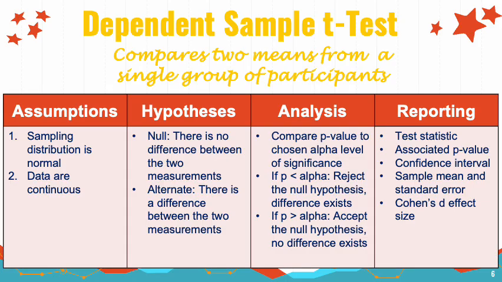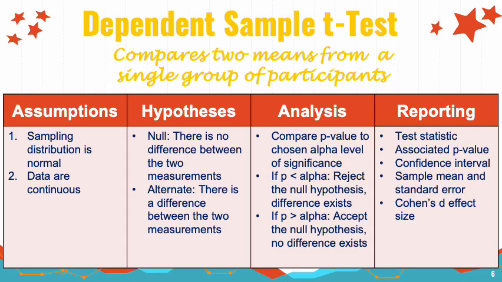If the p-value is smaller than your chosen alpha level of significance, you will reject the null hypothesis and say there is a difference between the two group means. If the p-value is larger than your alpha, you will accept the null hypothesis and say there is no significant difference between the two group means.